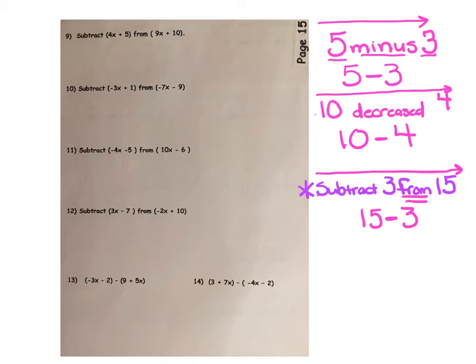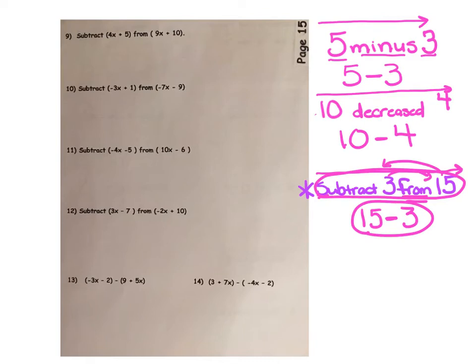This is called the from flip, where the 15 comes up front and the 3 goes in the back of the subtraction problem. It's a little translation glitch that occurs as you go from word form into mathematical symbols. We're going to call it the from flip.